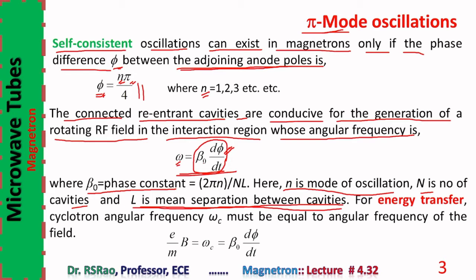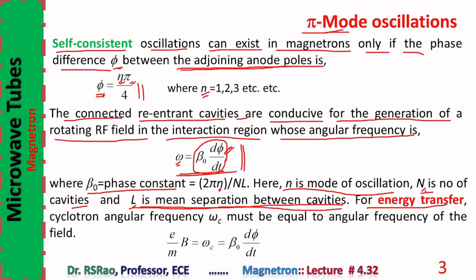Omega also depends upon beta naught. So the point to be kept in mind is that the frequency of the device can be controlled by selecting the proper value for L, proper value for N, proper value for small n.